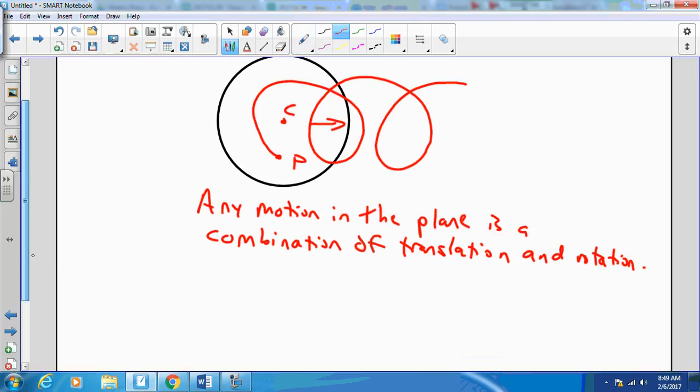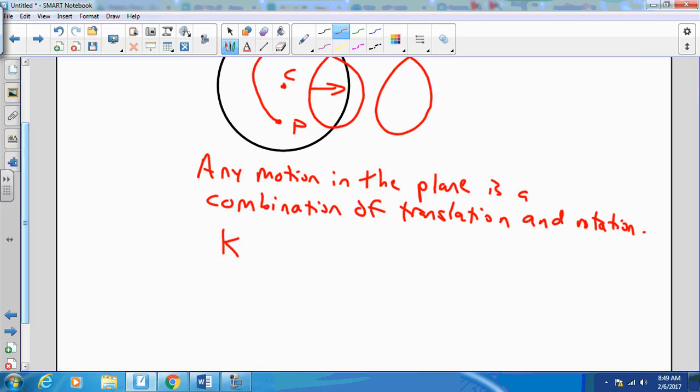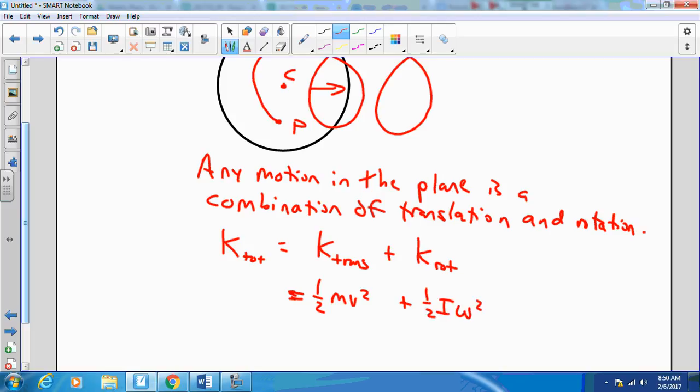And so this means that the total kinetic energy of an object is going to be the sum of the kinetic energy because of translation and the kinetic energy because of rotation. That is, it will be 1/2 mv squared, where v is the motion of the point of rotation, or the center of rotation, combined with 1/2 I omega squared.